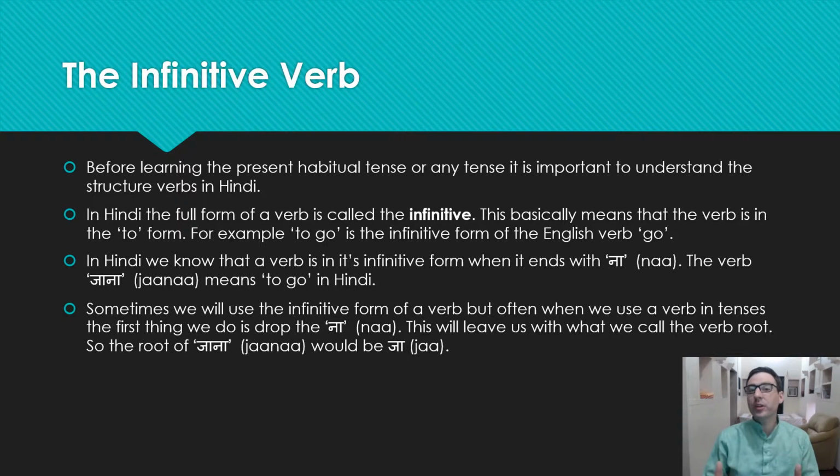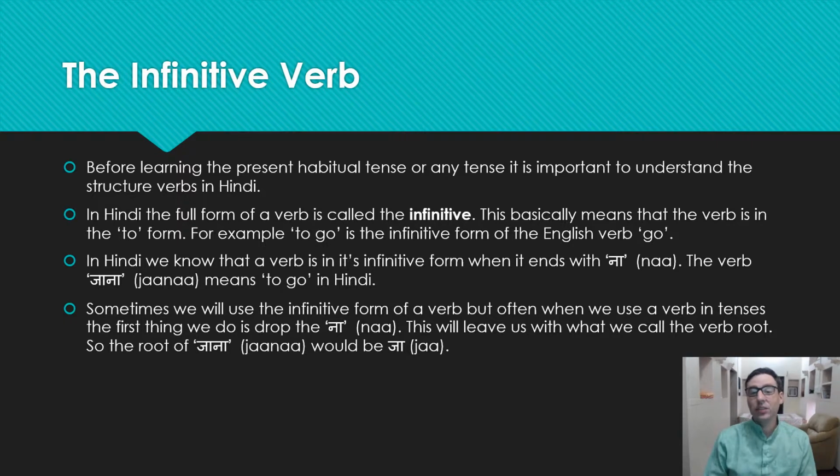And the very first thing that you want to do in Hindi when working with verbs and working with tenses is that you're going to drop the na from the end of the infinitive verb, and that's going to leave us what we call the verb root. So for example, with jana, the verb to go in Hindi, if we simply drop the na ending, that leaves us with just ja, which is the root of the verb.